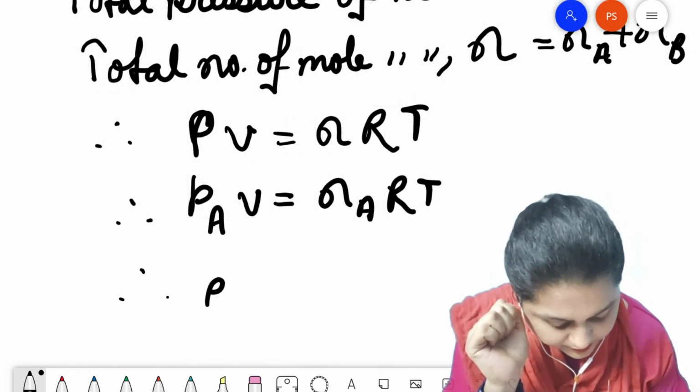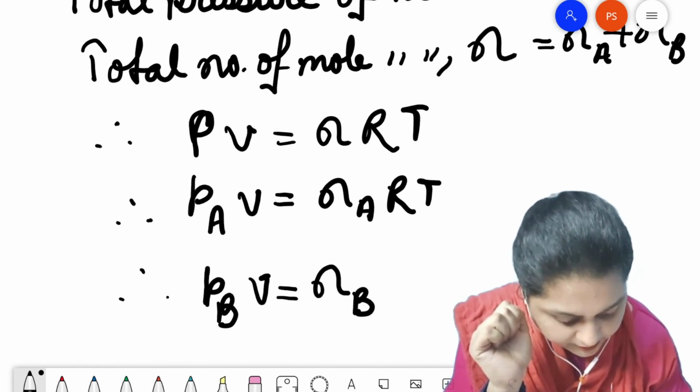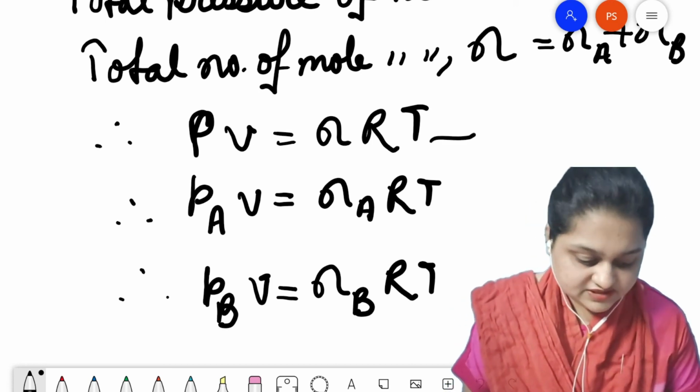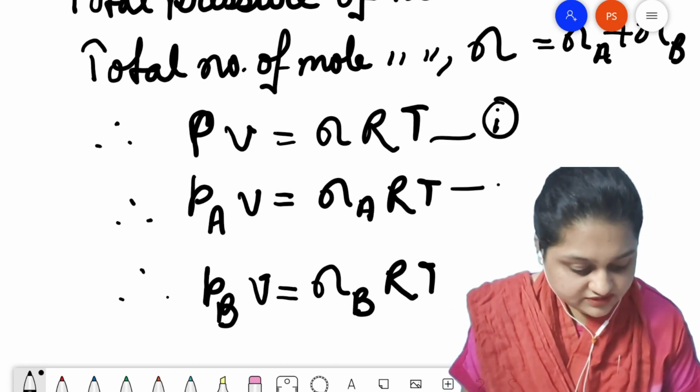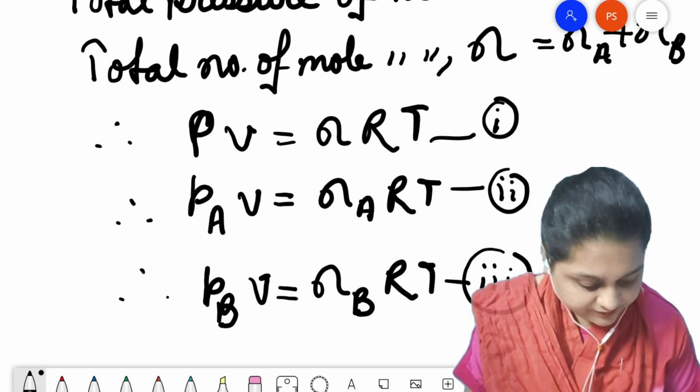Also, Pb V equals Nb RT. Now, this is equation 1, this is equation 2, and this is equation 3.